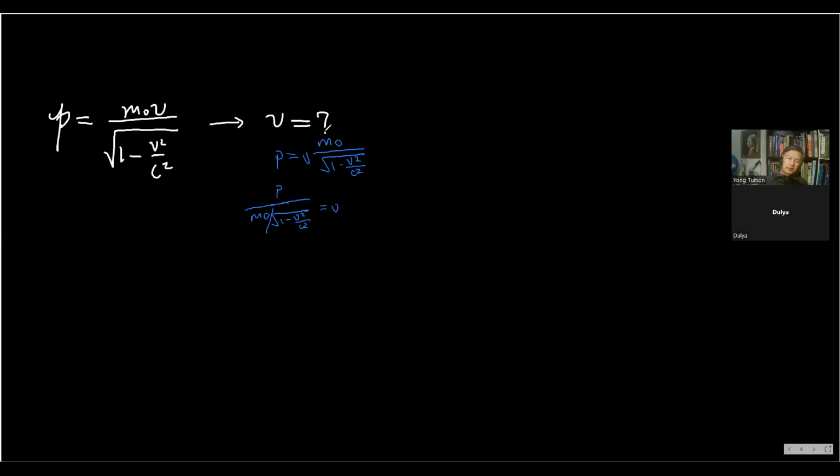Okay, but this is not yet it. The velocity is in the gamma factor as well. It's not simple. Yeah. So you have to try to work out a single formula.